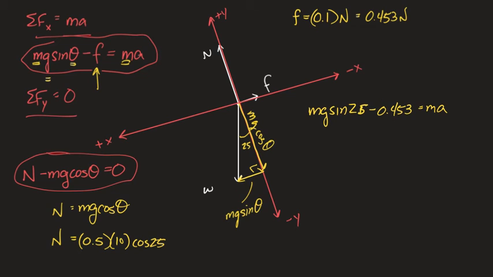You can plug what you need in here and figure out what the acceleration is. And by the way, the acceleration I think comes out to be 3.3 meters per second squared. Is it fine if we do 3.32? I would keep lots of decimal places between steps. Okay.